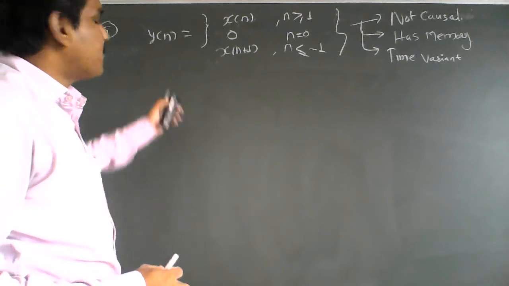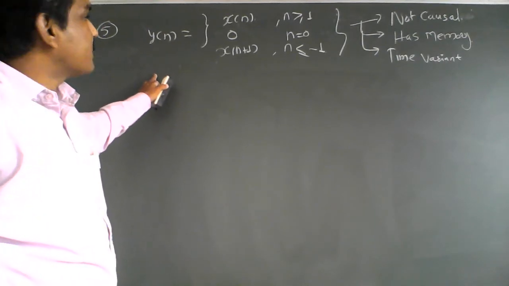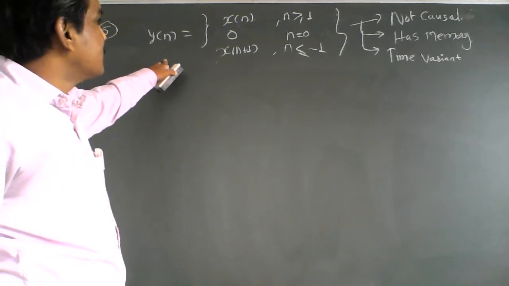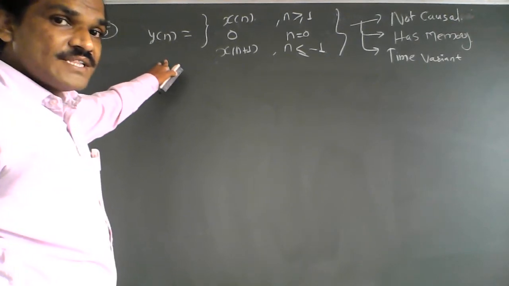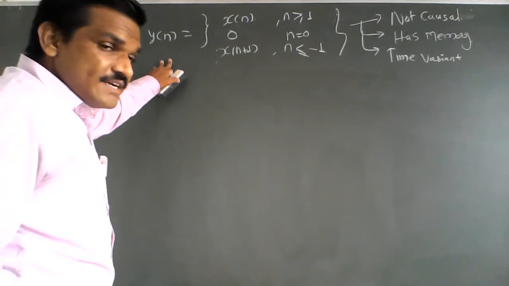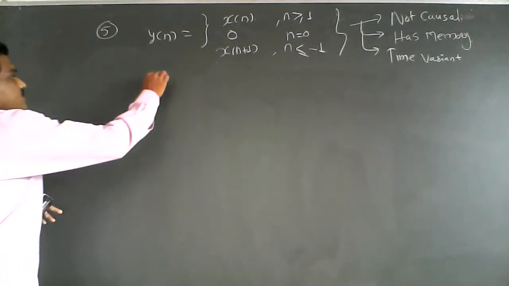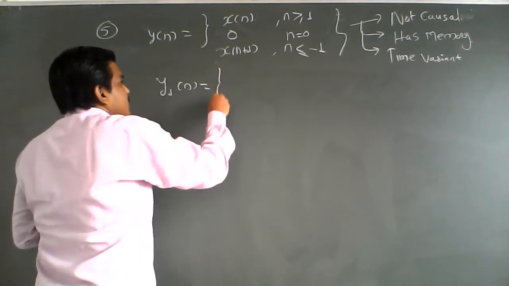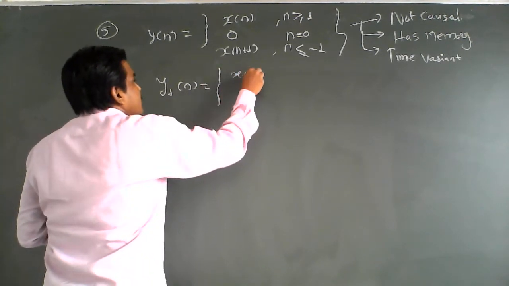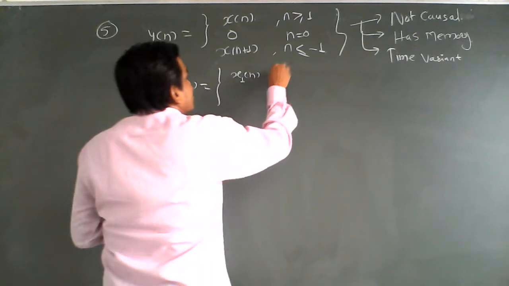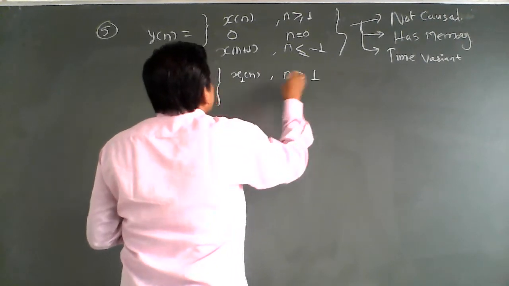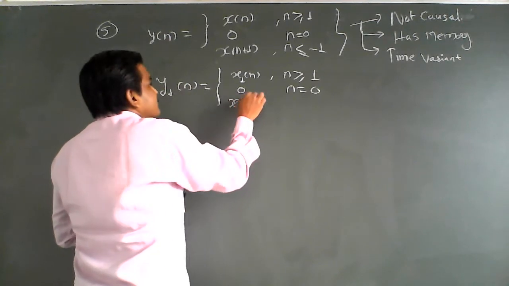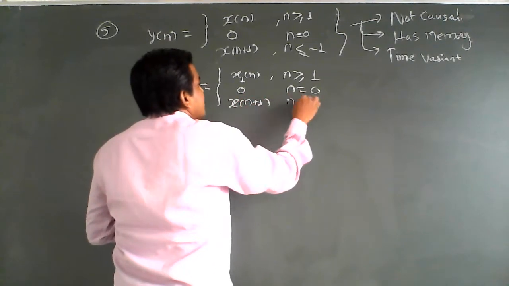To apply the linearity principle, the system must satisfy the superposition principle, that is, additivity and homogeneity. So let us consider y1 of n, which is nothing but x1 of n for n greater than or equal to 1, equal to 0 for n equals 0, and equal to x of n plus 1 for n less than or equal to minus 1.